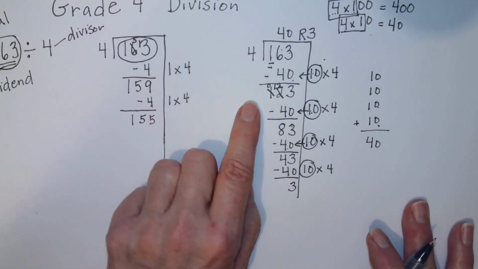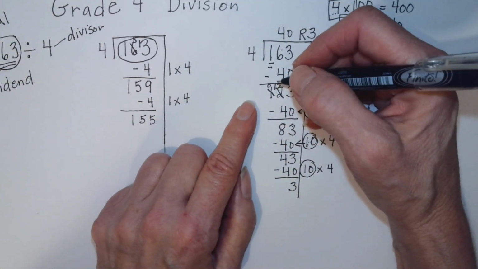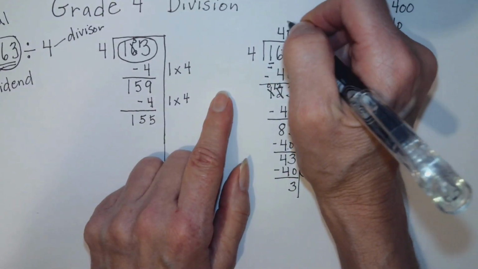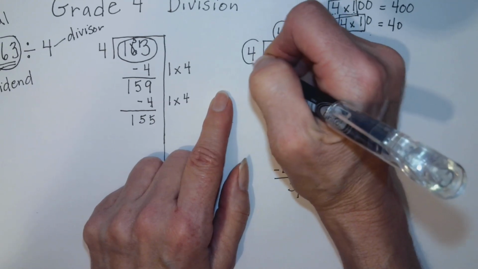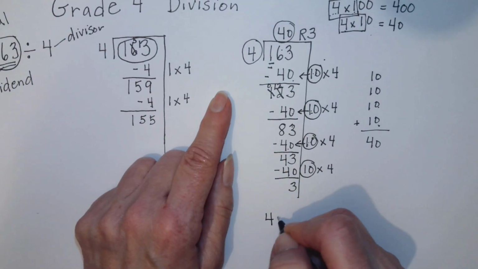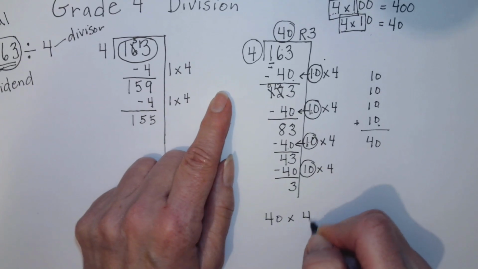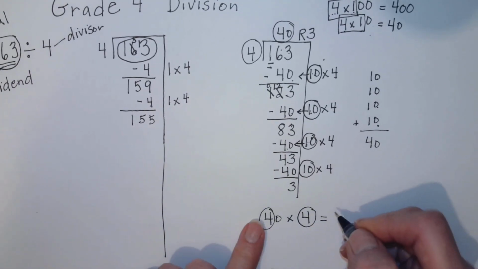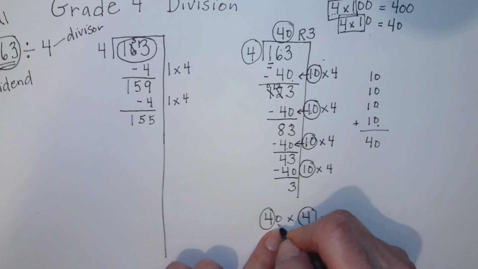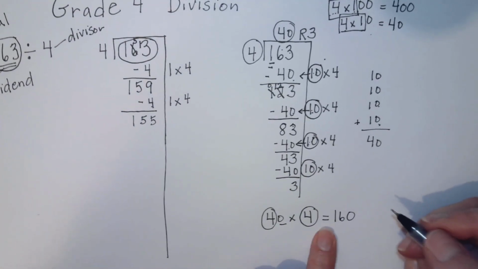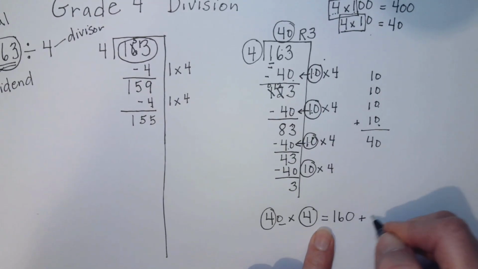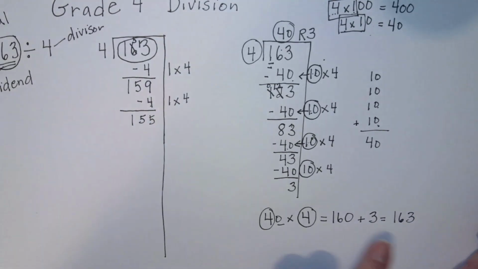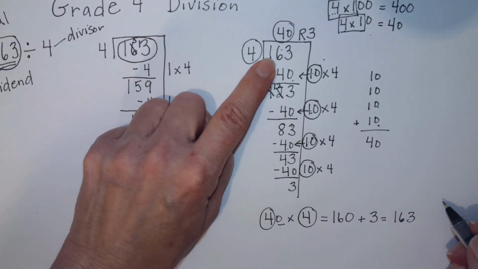To check to see if this is right, because division is the inverse operation of multiplication, you can take these numbers, multiply them. 4 times 4 equals 16, and add my 0. I get 160, and add my remainder, and that equals 163. So that tells me I have the right answer.